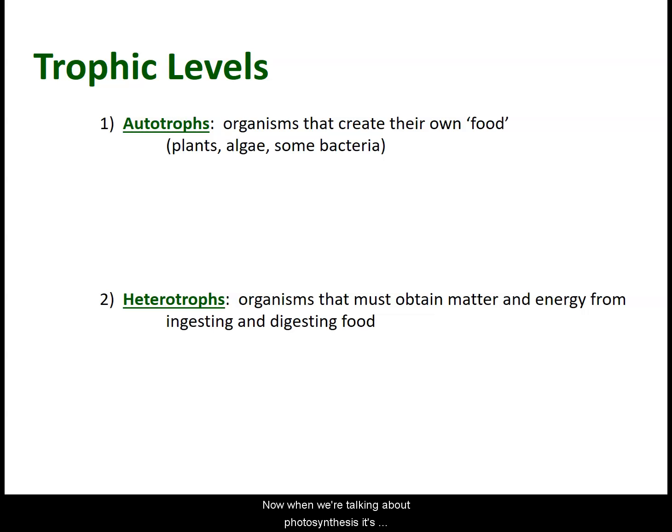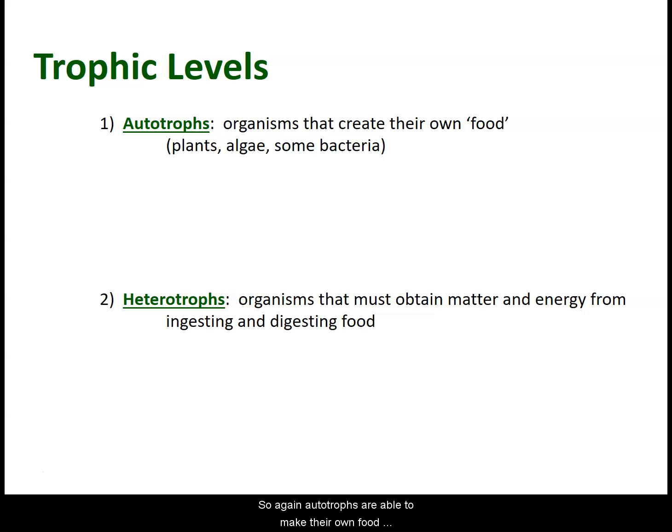Now, when we're talking about photosynthesis, it's important to differentiate between autotrophs and heterotrophs. Autotrophs are able to make their own food, auto implying self, whereas heterotrophs have to get our energy by ingesting and digesting food.